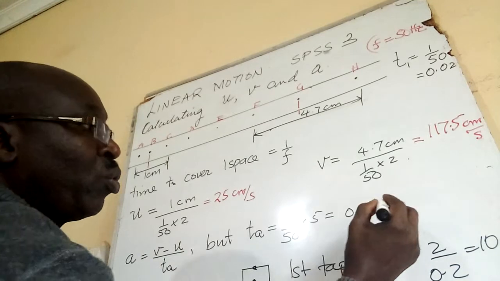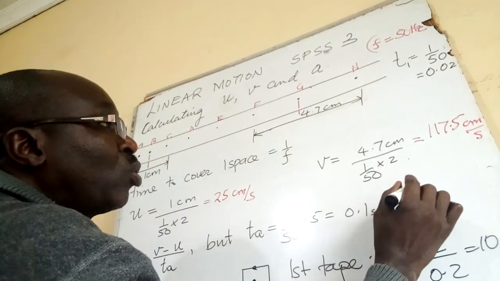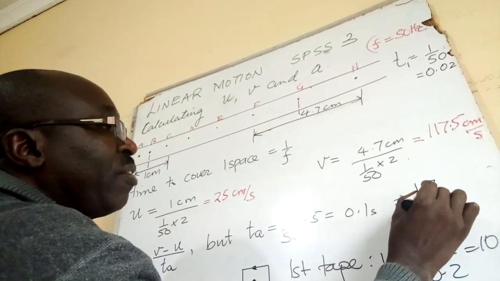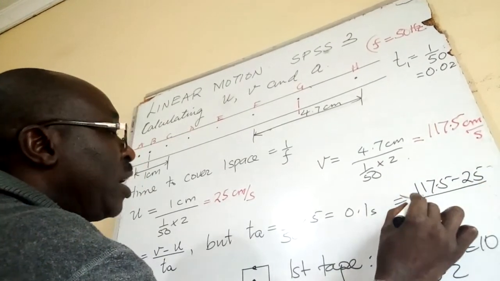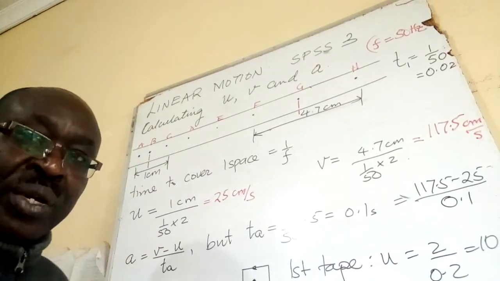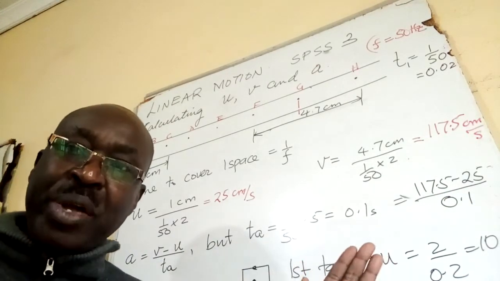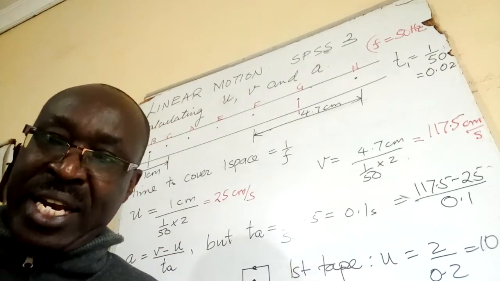Now, you can conclude A is equal to 117.5 minus 25 divided by 0.1. The answer you get will be centimeter per square second.